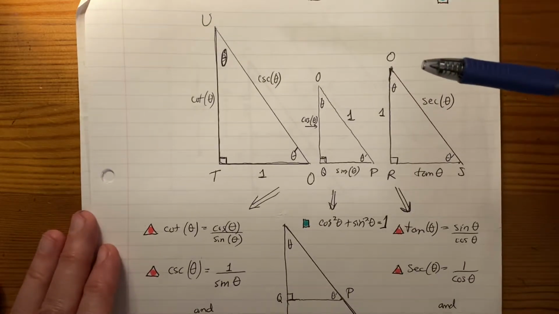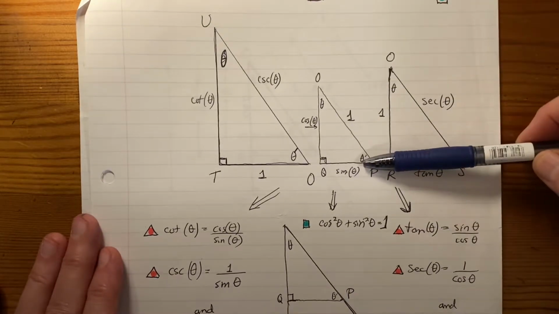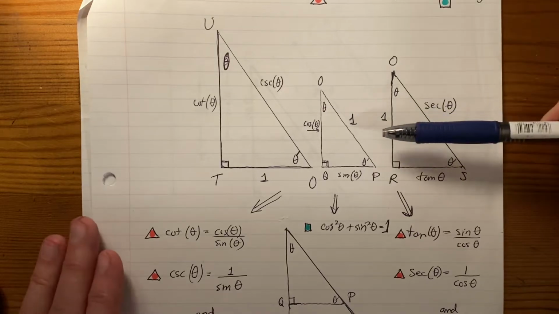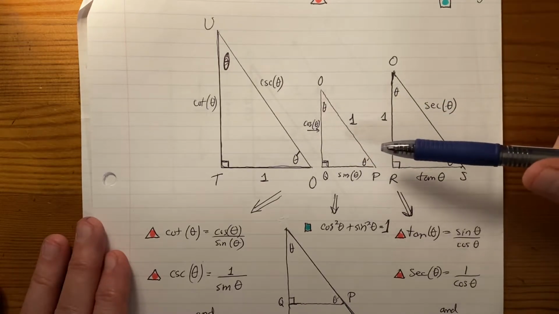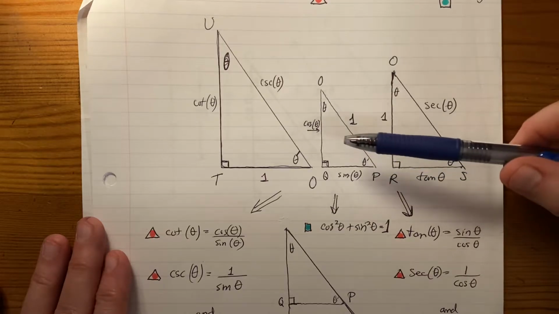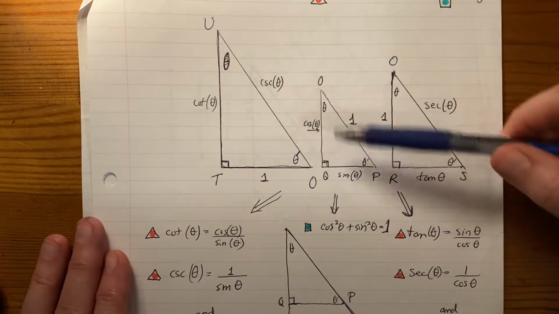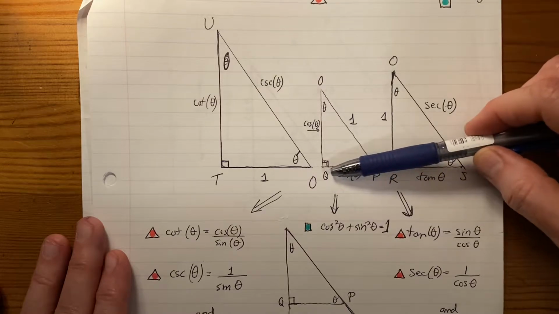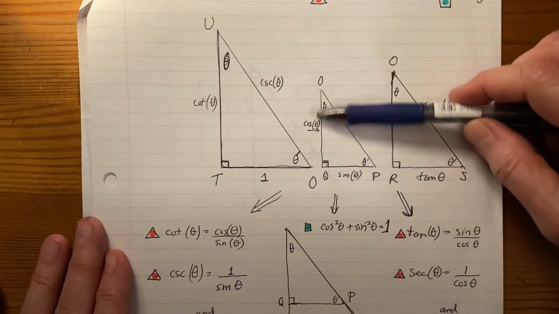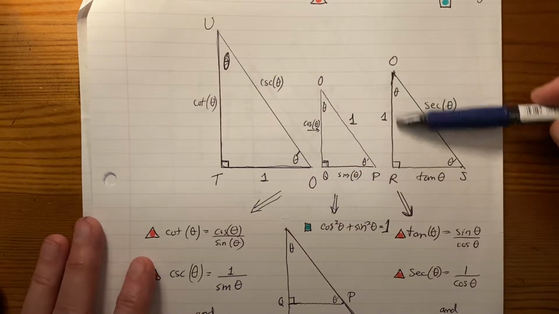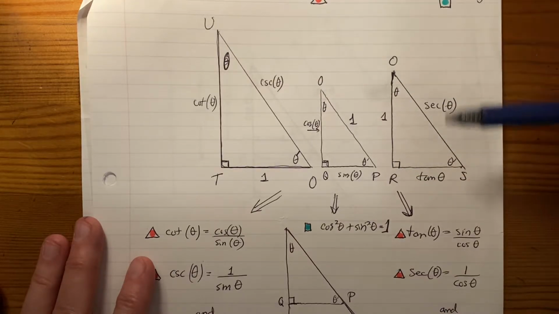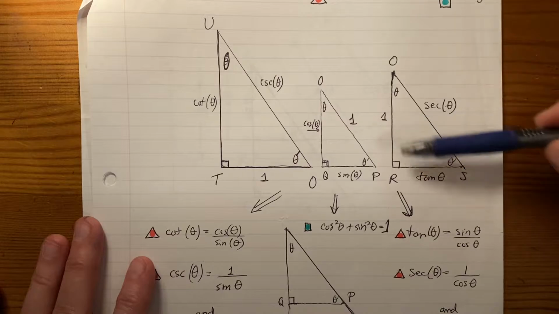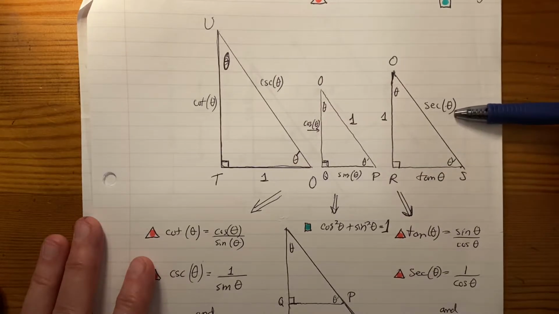And because the angle theta is acute, the lengths of the sides of the triangle OPQ could be identified with the sine of theta and the cosine of theta. The triangle OSR had legs 1 and tangent of theta, the hypotenuse being the secant of theta.